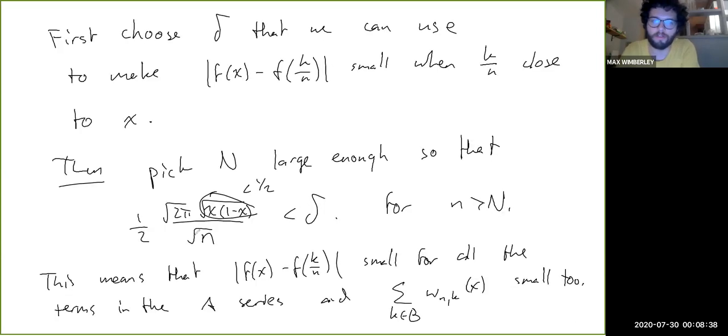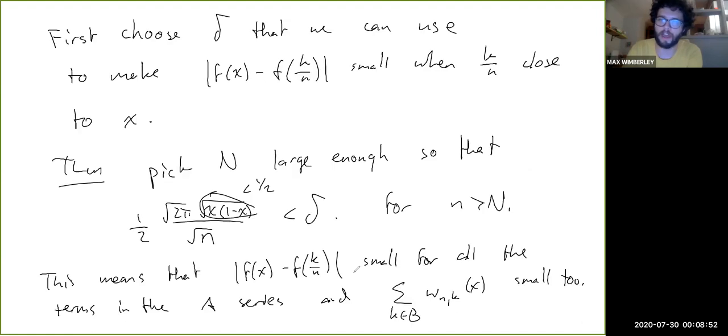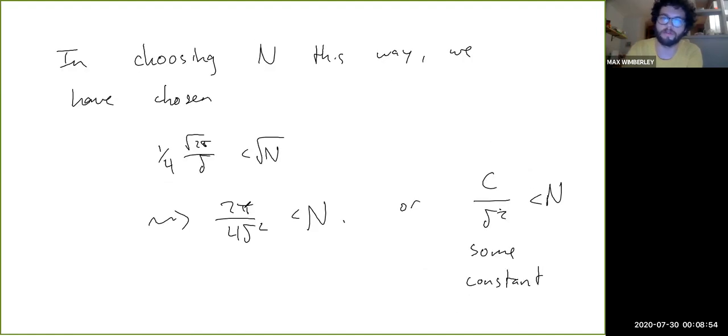But the point I'm trying to make here is, again, I've left out a lot of stuff because I'm not actually approximating how much stuff there is left in this series here. If I were approximating that, then those factors would end up getting incorporated into the choice of capital N as well. So m and the epsilon that we're given would also factor into this, and you'll see in the book's proof their choice of capital N. In the book, they choose n to be capital M over epsilon delta squared.